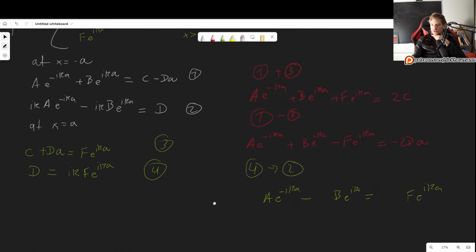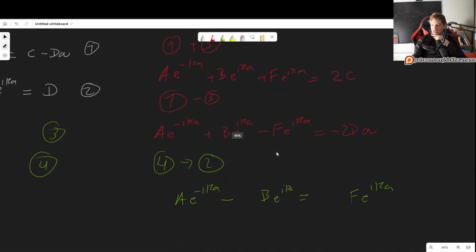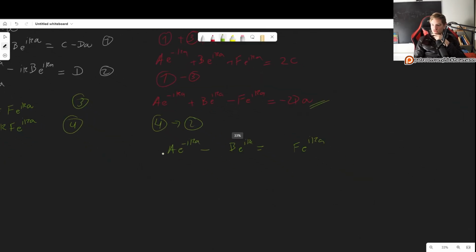And something else we can do, for example, is take equation 4, which gives us d in terms of f, so that's super convenient, and plug it into this equation right here. So maybe let's call this equation 5, even though I don't think we're going to need equation 5, but you know, it's there just in case. So let's plug equation 4 into equation 6.